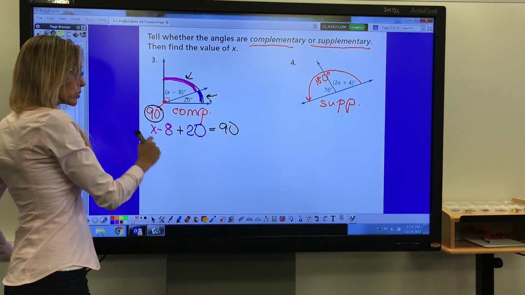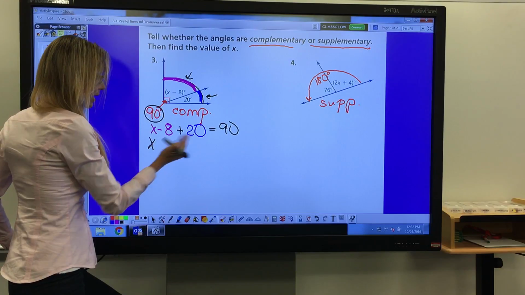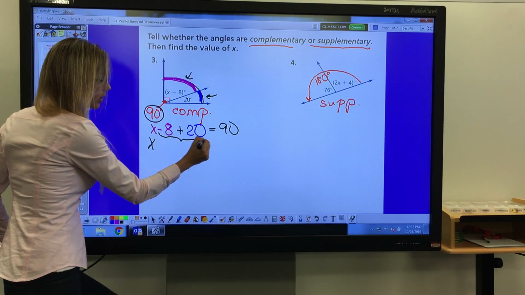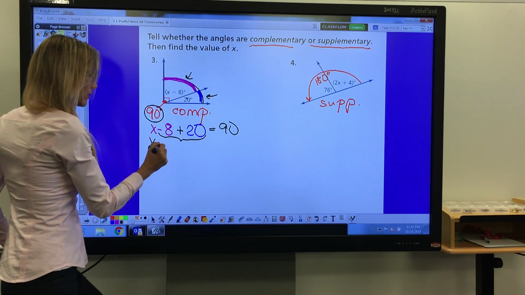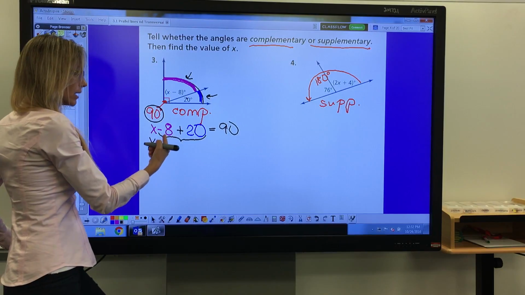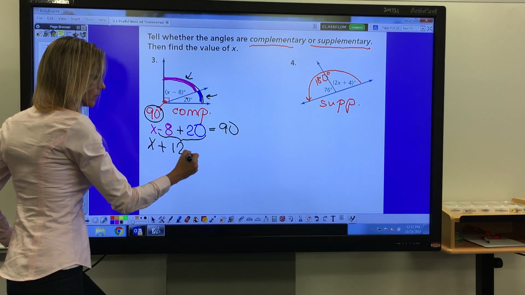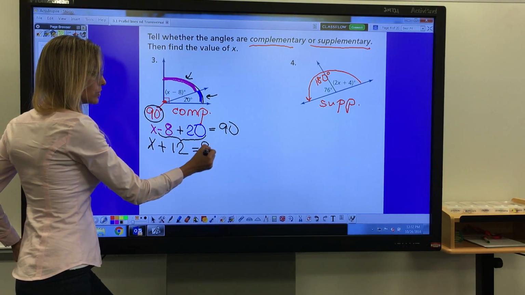Now knowing that, I can solve easily for x. So I have the x, and on the left side of the equal sign, there's a couple things I can combine. Negative 8 plus 20 will give me positive 12. And I still have the equal sign, and it equals 90.